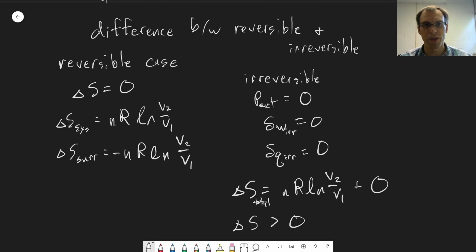There's a couple other examples you can look in your textbook for: mixing two ideal gases, and also putting two pieces of metal at two different temperatures together, showing that in those cases, as the process happens, we get an overall increase in the entropy of the total universe. If we think of the whole isolated system as being the surroundings plus the system, we get an overall increase in entropy.